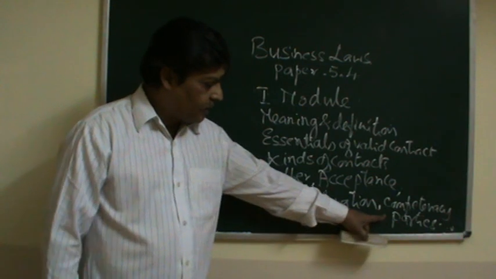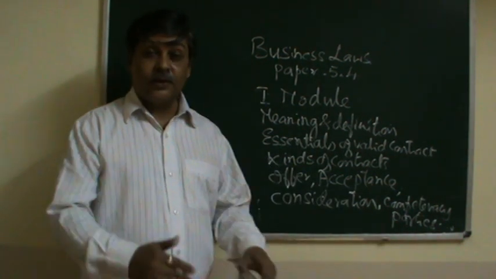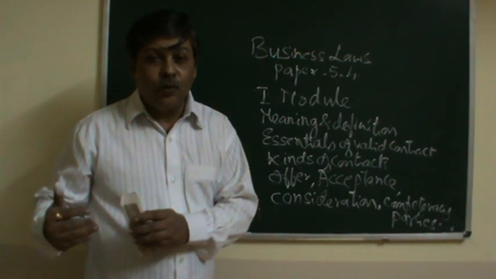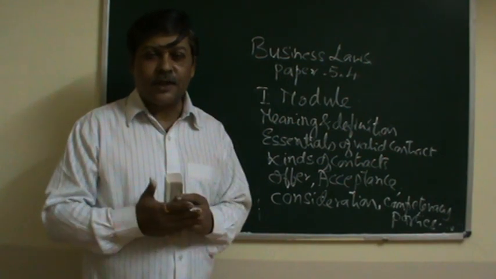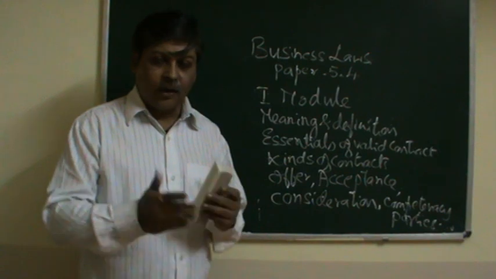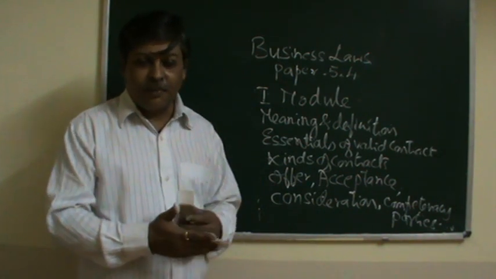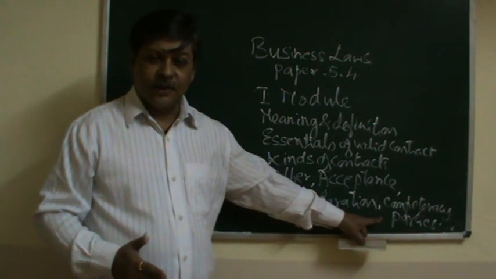The next important topic we will be studying. In this, if you look into the details, the most important aspect is the law relating to the minor. Who is a minor and what are the laws relating to the minor, we will be discussing here.